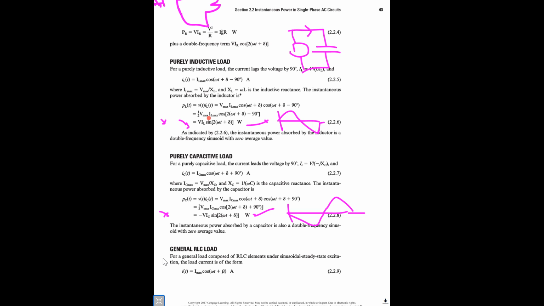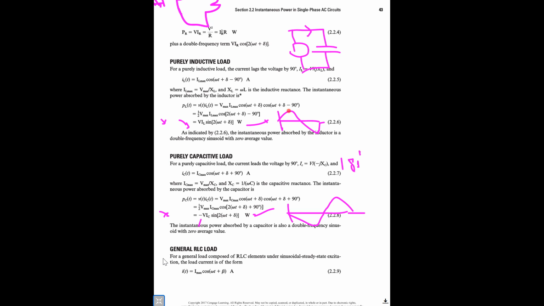Please see, the difference between PL(t) and PC(t) is that here is plus, here is minus. This means the difference angle between PL(t) and PC(t) equals 180 degrees.